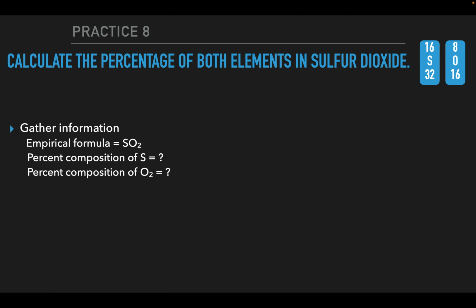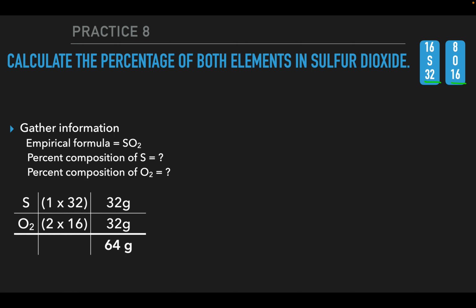So sulfur dioxide. Again, find the molar mass according to the periodic table. 32 is the number for sulfur, 16 is the number for oxygen. So we have 1 sulfur times 32, 2 oxygens times 16. Both of them equal 32, and the total is 64.